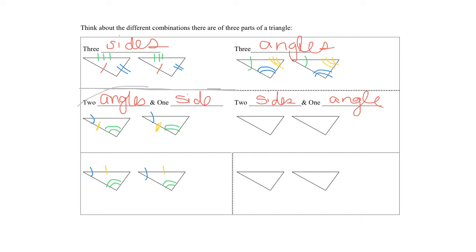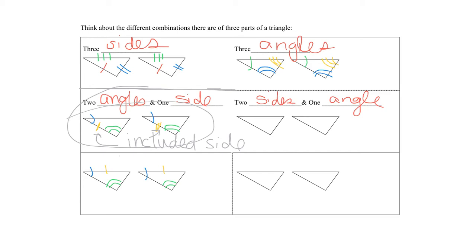This set, this one right here, because the side is right between those 2 angles, we call that an included side. It's 2 angles with an included side. Right, because it's right directly in between 2 angles. It's almost like where those angles are physically connected.